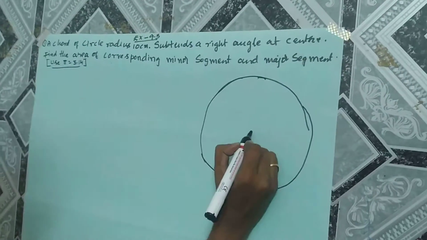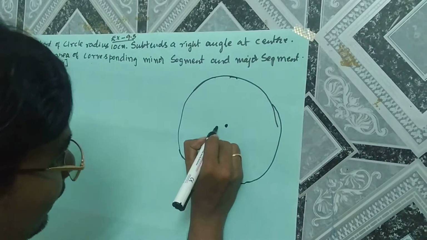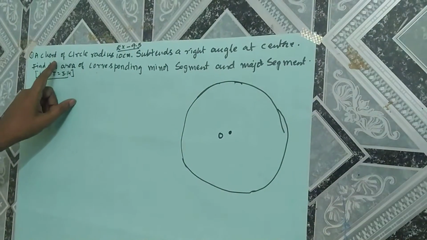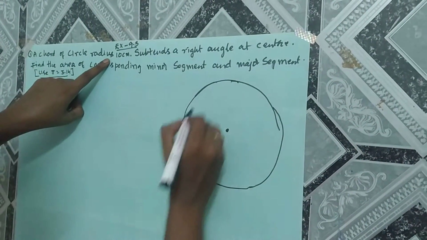In the circle, let the center be O. A chord of a circle of radius 10 centimeters.